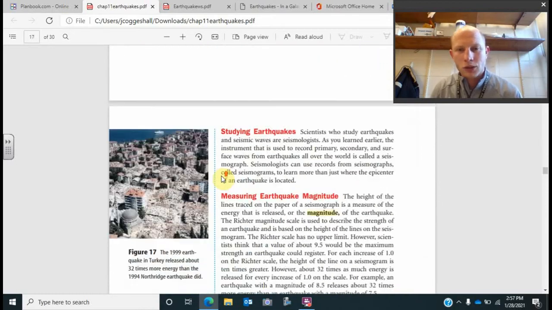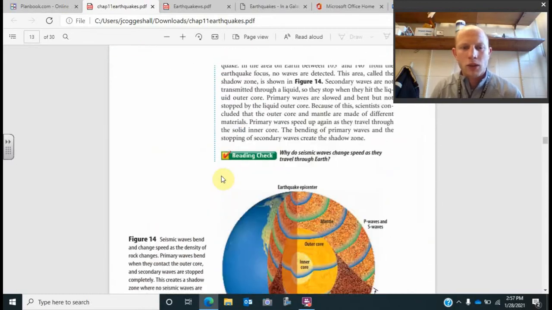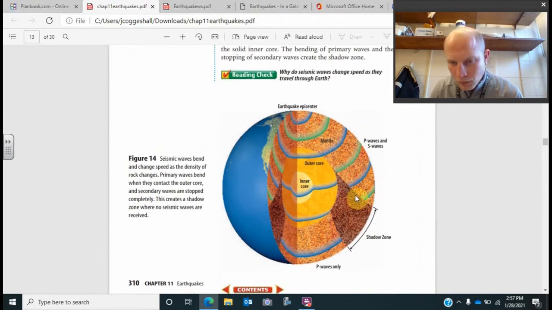I wanted to show you guys, so how do we know what's going on in the earth? If there's an earthquake that happens up here, these waves will travel differently through different materials. The more dense a material is, the faster that sound wave travels through that material.